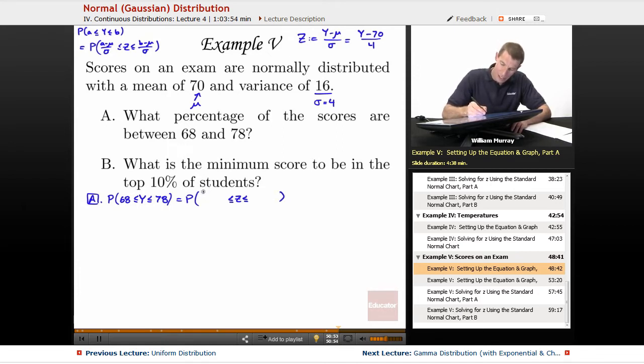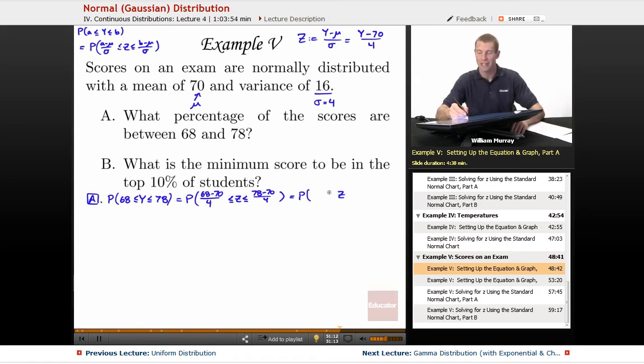So I get 68 minus, what was my mean, 70, over my standard deviation, which was 4, and 78 minus 70 over 4. Which is the probability that z is between 68 minus 70, which is negative 2, negative 2 over 4 is negative 0.5, and 78 minus 70 is 8, over 4 is 2.